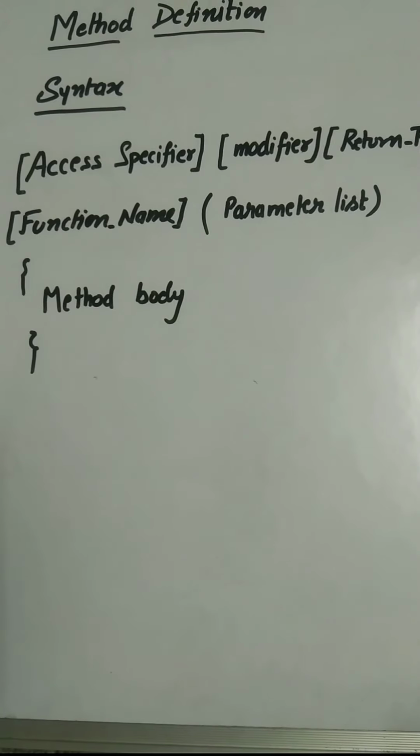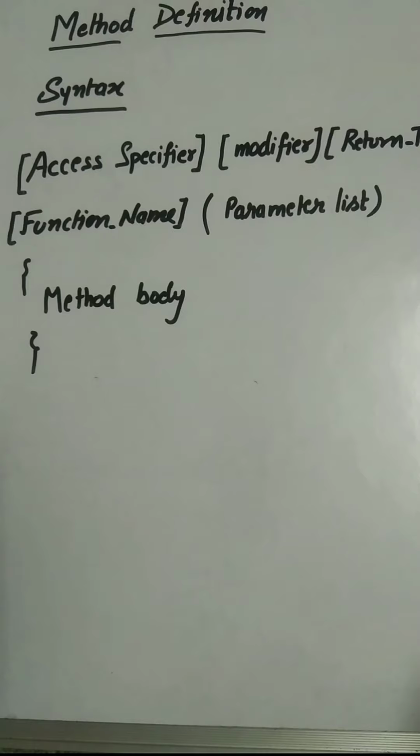These specify the visibility of the function, meaning where your function will be accessed. So access specifier is also known as visibility mode. Clear?